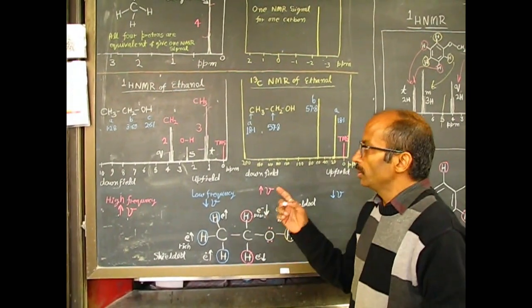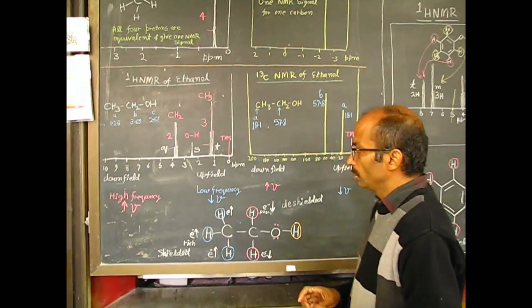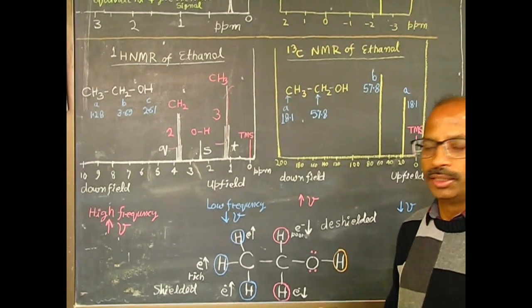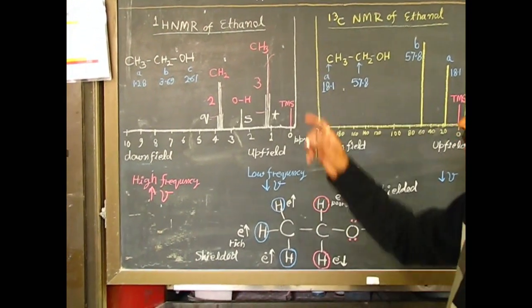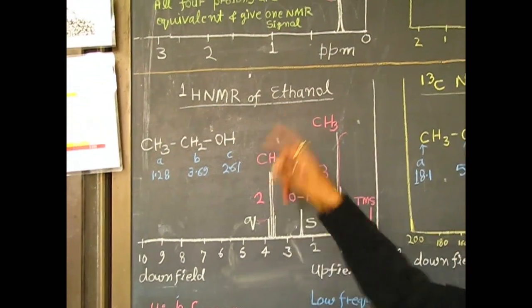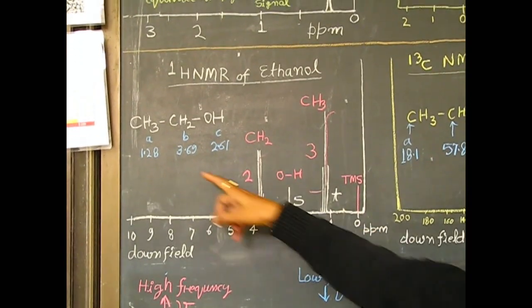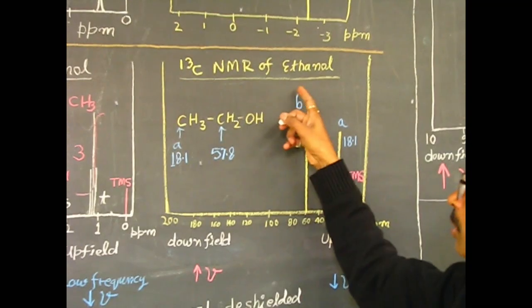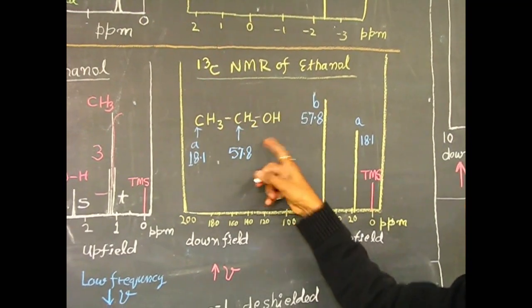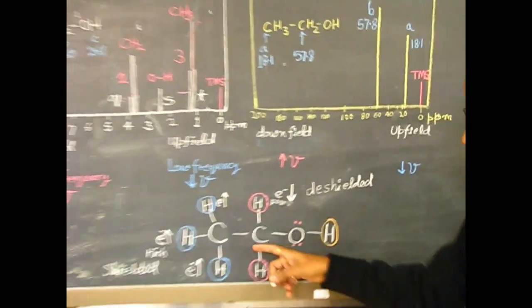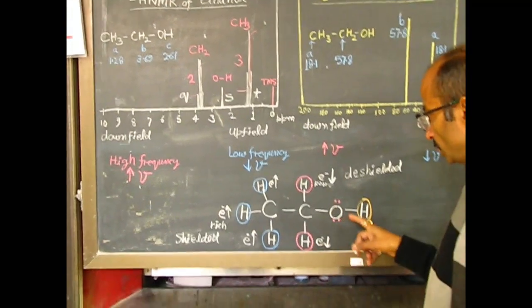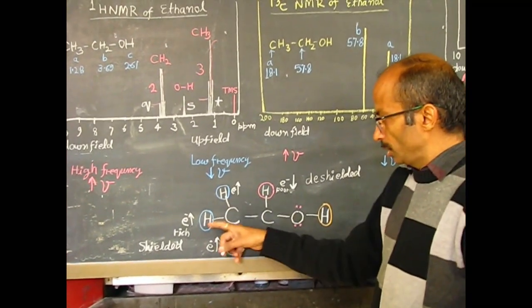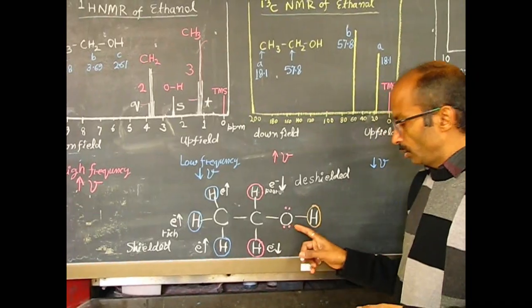Okay, so let's understand with 2 examples of shielding and deshielding in proton NMR. Here we have the 1H NMR of ethanol, CH3, CH2, OH, and this is the carbon NMR, where 2 carbons are there. If you notice the chemical structure of ethanol, we have CH3, then CH2, and then OH.